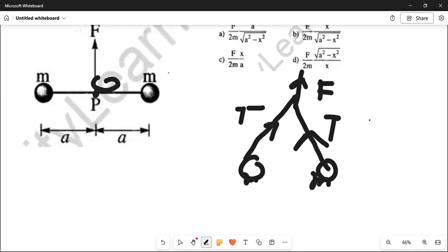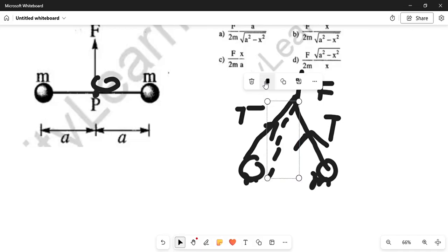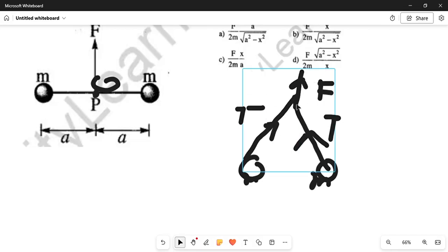If we draw a perpendicular at this point, and if this angle is theta, this angle will also be theta.